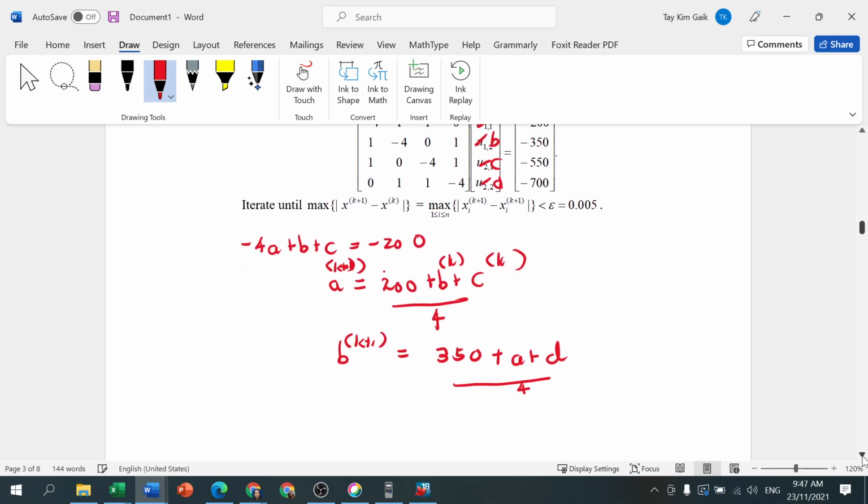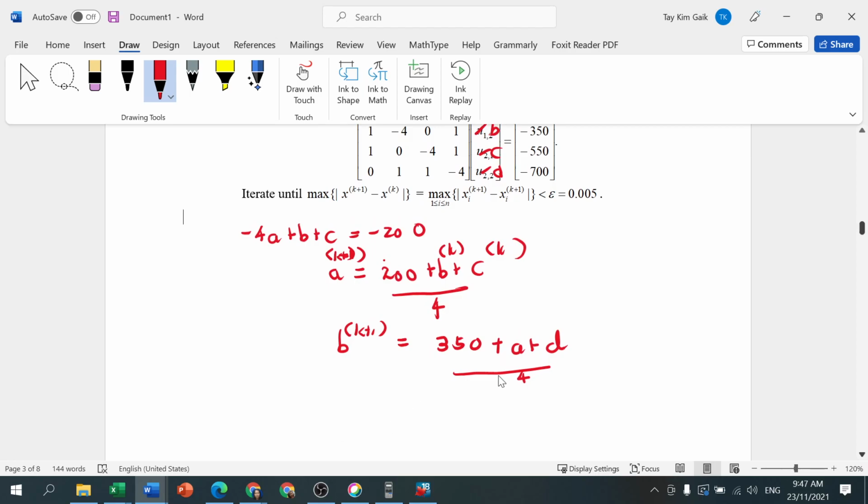And then the third equation: A you have obtained earlier, so A is K plus 1, D is still old, still K. Then from the third equation, solving for C at K plus 1, similar reason, you bring the negative 550, collect with A and D. So you have 550 plus A plus D, D still step K, A is already K plus 1, so divide by 4.